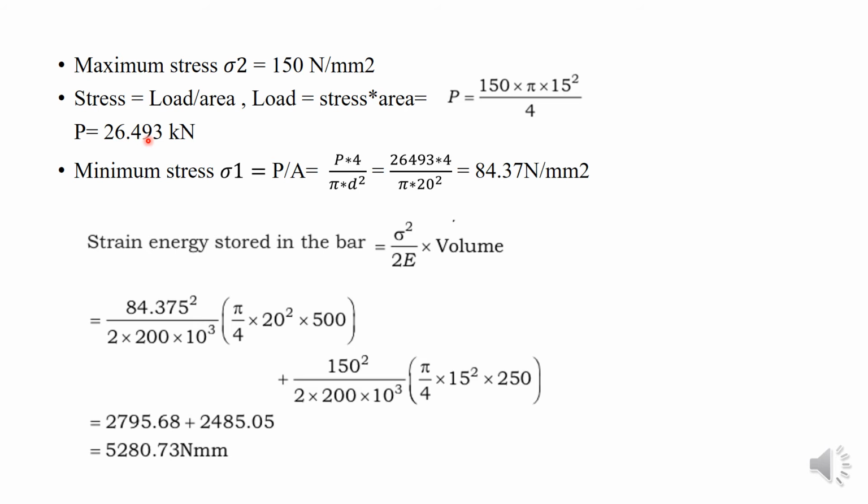So that is sigma square divided by 2 into E into area into length for the first section, plus sigma square divided by 2 into E into area into length for the second section. So the total strain energy stored in the bar is equal to 5280.73 newton mm. The unit of strain energy is newton mm.